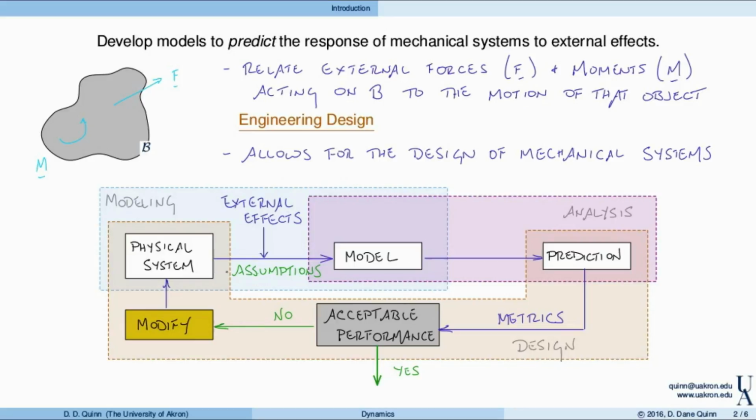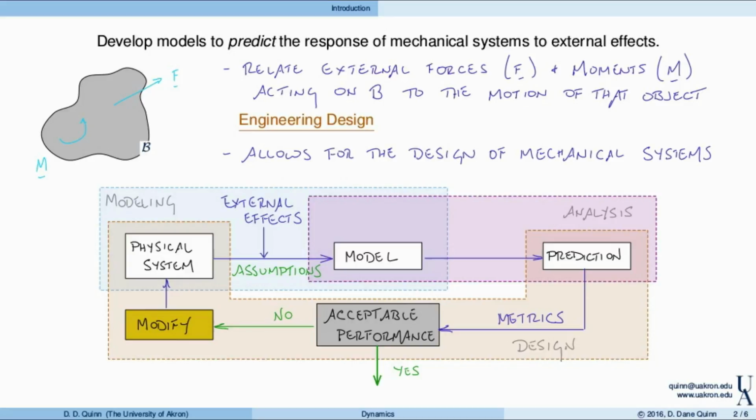So we'll be taking these assumptions together with the external effects and making mathematical models, then making a few predictions about how those models behave. However, this is a pretty nice thing to know, because this is how this work and this topic in this class fits into the larger aspect of engineering design.